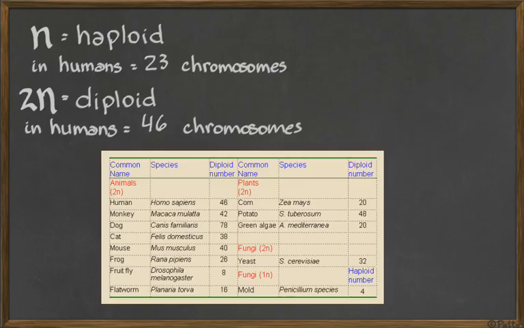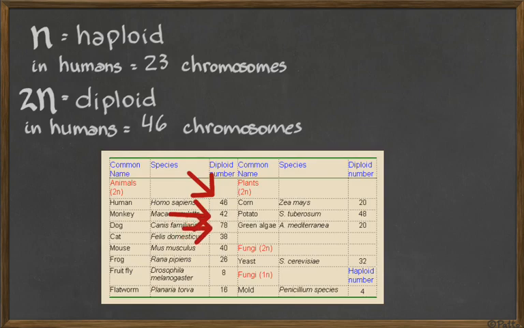Just to illustrate to you why we are talking about N and 2N, look at the number of chromosomes that humans have, 46. But the macaca mulata, a monkey, has 42 chromosomes in the adult cell.